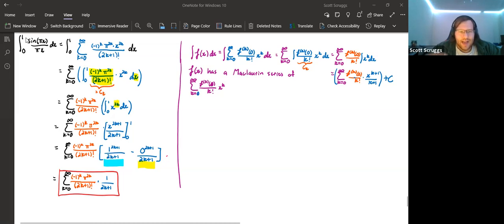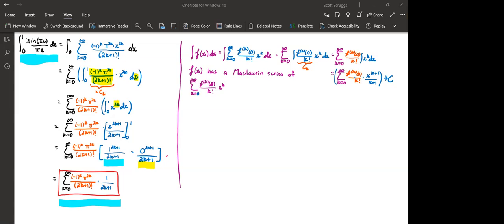So in other words, that entire integral on the left-hand side, I now have represented by integrating term by term as its own Maclaurin series.